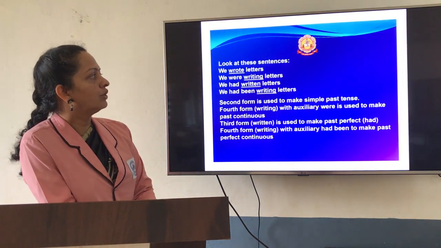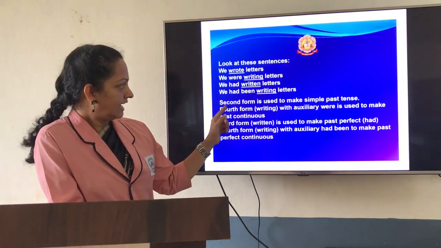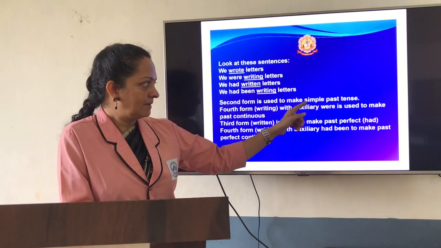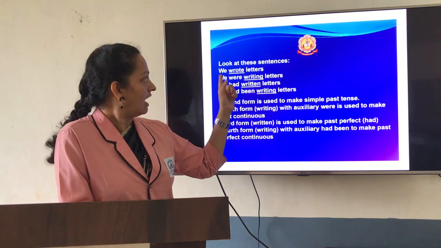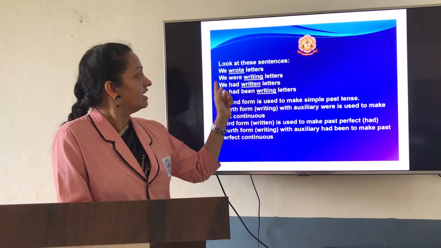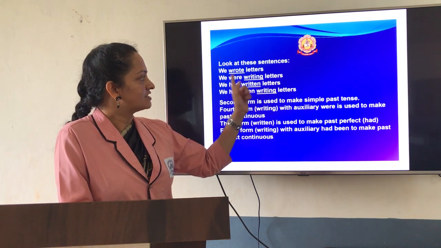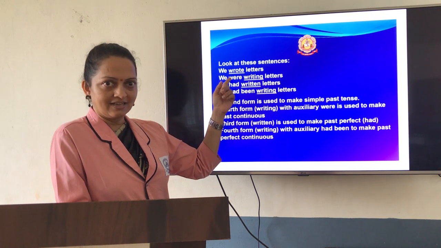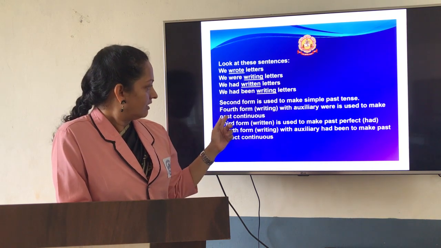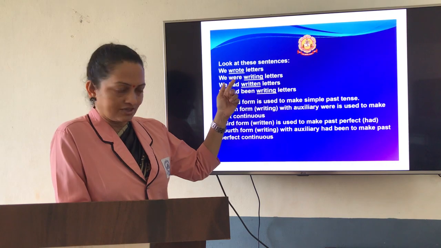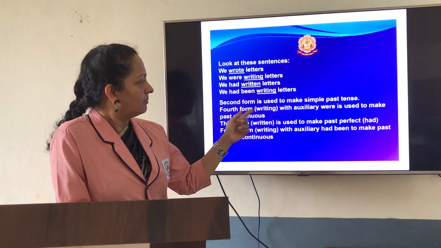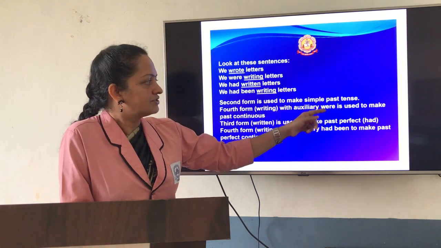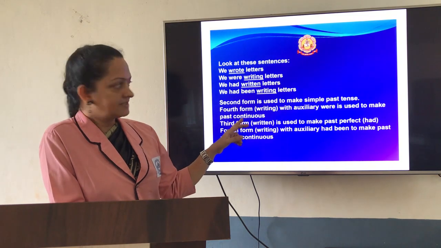Here we have, we wrote letters. The second form is used to make simple past tense. We wrote letters. We were writing letters. Writing is the fourth form, but it has taken were here. What is this? It's a primary auxiliary. The fourth form, writing, with auxiliary were is used to make past continuous.